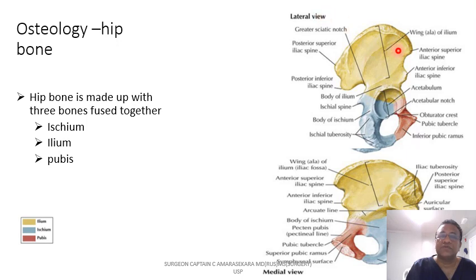On the lateral view, note the acetabulum. You can see this is a deep socket that articulates with the femoral head. This forms the hip joint, a critical site for weight bearing, weight transmission and joint mobility. Another important thing is this notch.